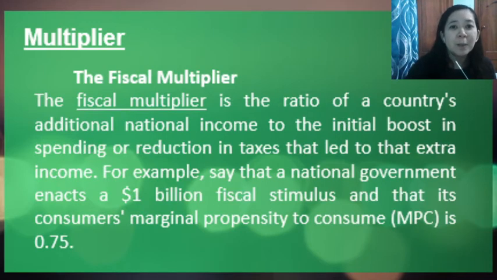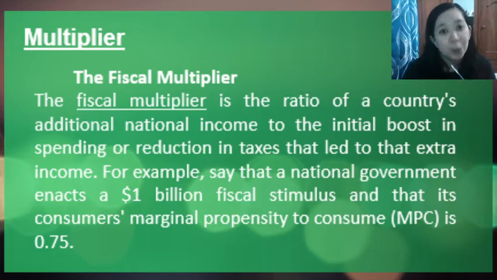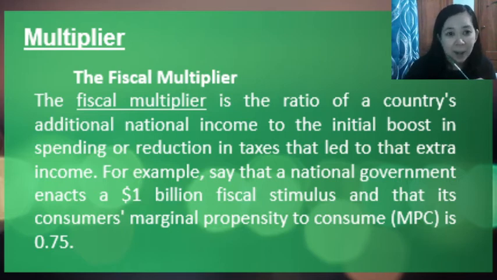The first multiplier that we have is the fiscal multiplier. The fiscal multiplier is the ratio of a country's additional national income to the initial boost in spending or reduction in taxes that led to that extra income. How does the fiscal multiplier work? We have an example.